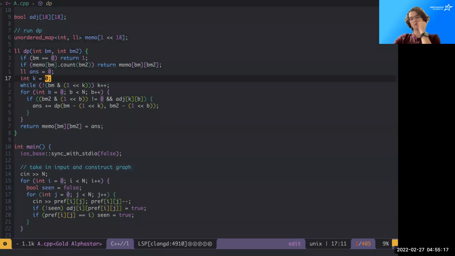I think we're going to need to come up with something else. I don't think we can just make this path. This is n times 2 to the n, which is pretty bad.